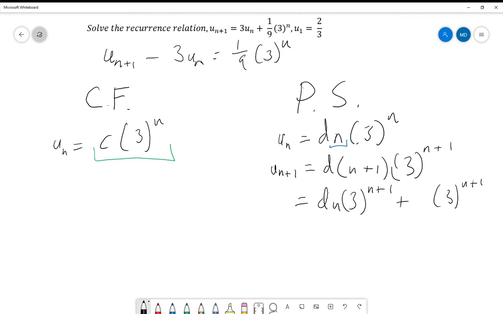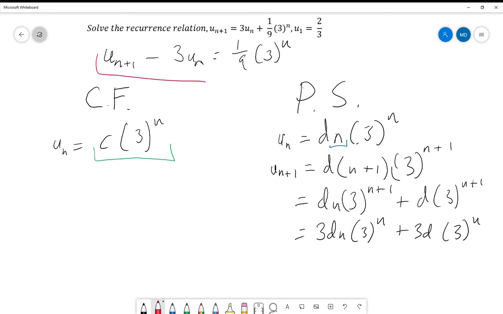And then remembering that we can deal with this 3 to the power of n plus 1 by writing it as 3 to the n times 3 to the 1, and factoring out that 3, we get this as 3dn 3 to the n plus 3d 3 to the n. And now we can plug all that into our function at the top here. We're going to end up with u(n+1) being 3dn times 3 to the n plus 3d times 3 to the n.